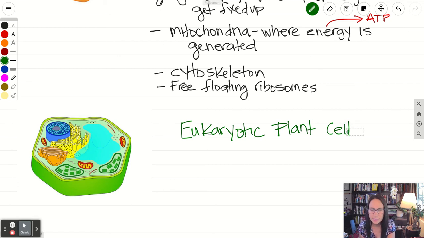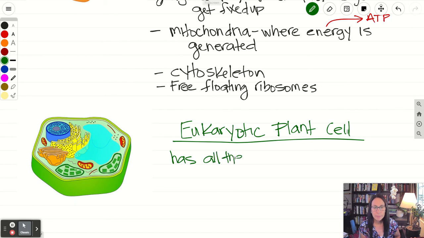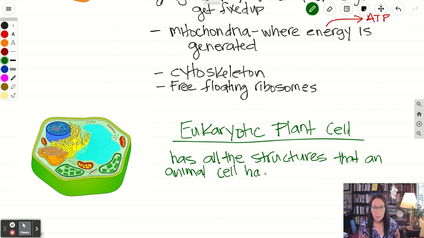A eukaryotic plant cell has everything that an animal cell has. It has all the same structures that an animal cell has, plus 3 more things.